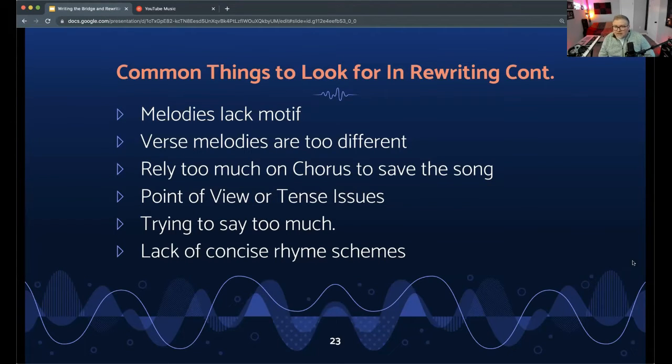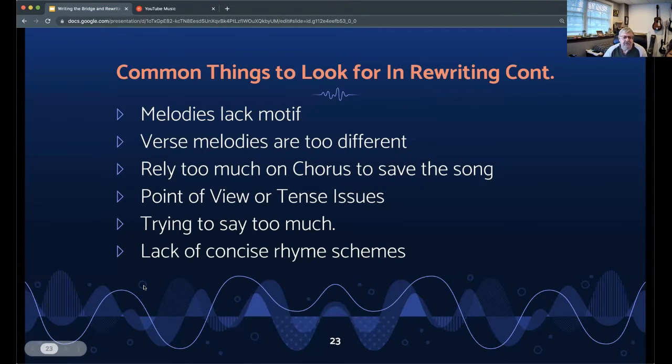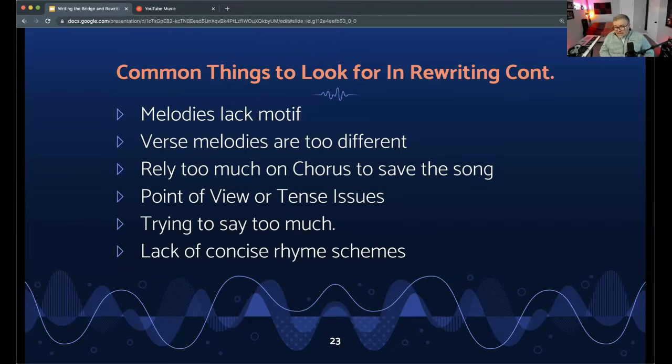Ron, you have your hand raised. Just a quick question on rhyme scheme. Would you say it's a good thing to keep your rhyme schemes consistent throughout the verses, or would you suggest changing them for contrast? The verses should be the same, but other sections besides the verse, you should try to contrast.